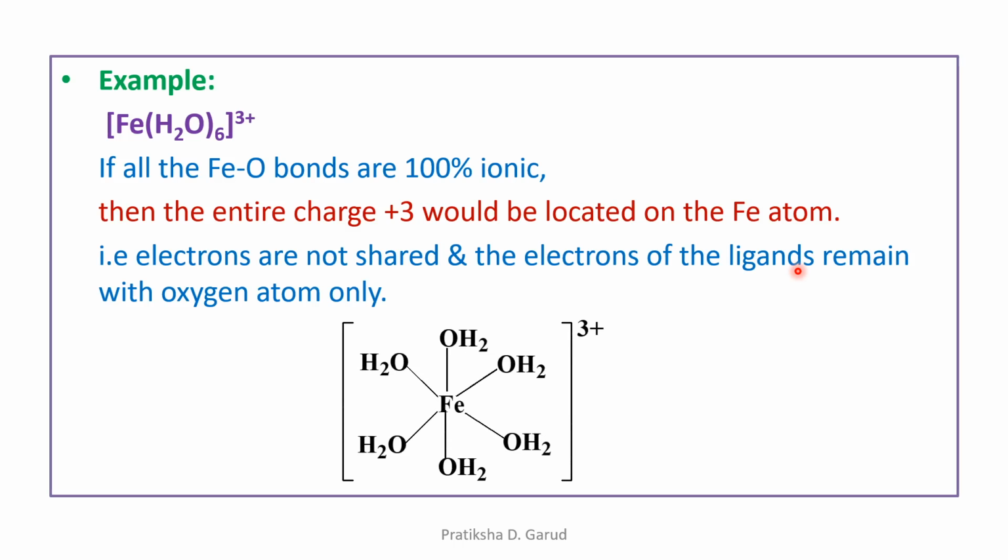The structure would be like this. We have the Fe surrounded by the 6 water molecules in which oxygen is attached to Fe, and here the Fe-O bond is 100% ionic. So this +3 charge would be located on the Fe atom in the 100% ionic bonding.